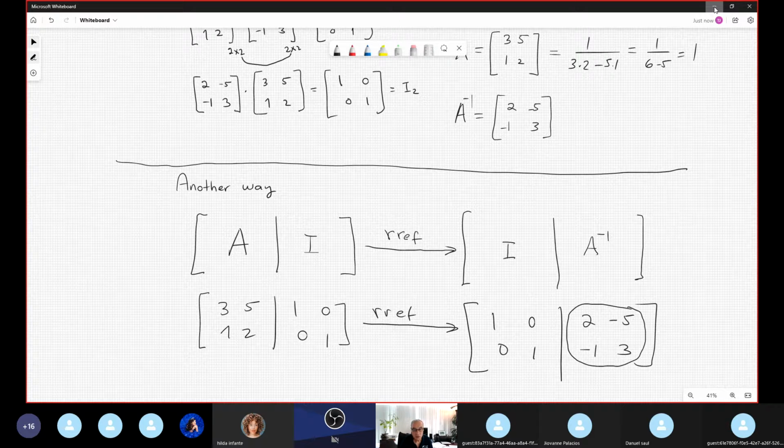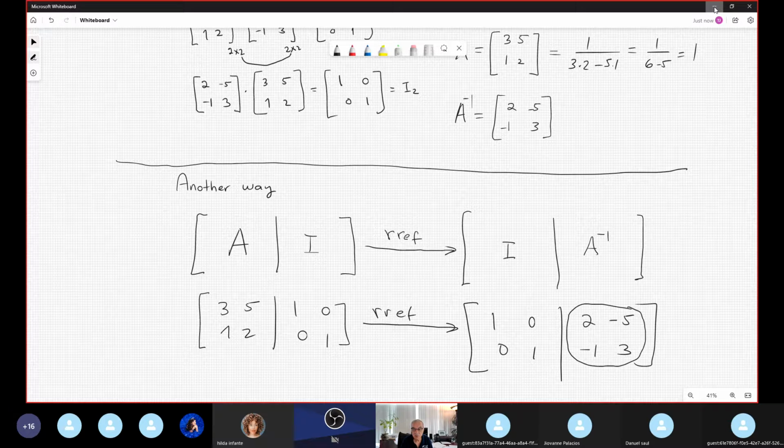Wow, I have too many students. Let me open GeoGebra. I want to share the screen because I want to explain everything step by step.